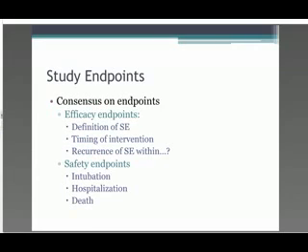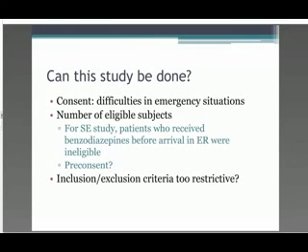The study endpoints included a consensus on endpoints for the efficacy endpoints and the safety endpoints. The question really was feasibility. Can this study be done? The consent process, as you can imagine, for a child in status epilepticus is a very critical, life-threatening situation here.